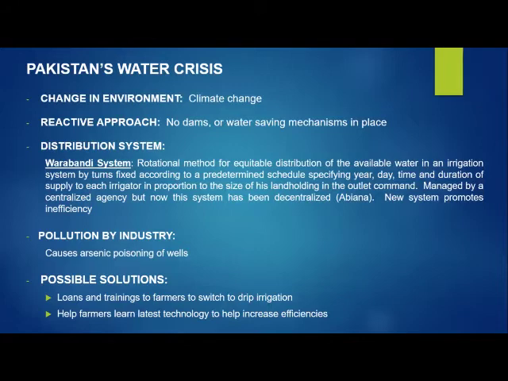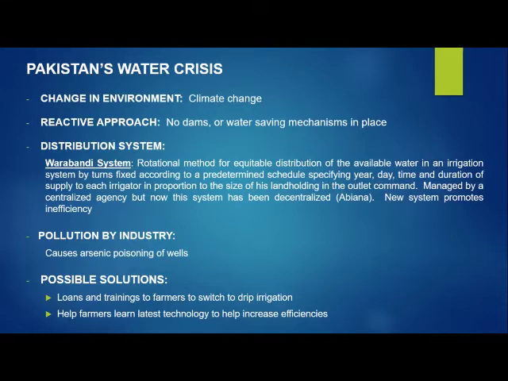This is global. However, we do see it in Pakistan as well. Again, to date we in Pakistan have had a very reactive approach, and we have not really been working to fix the water shortage issue. We haven't been expediting it. Now it seems with the current government that dams are being built, but I still feel that a lot more needs to be done in terms of good farming practices.